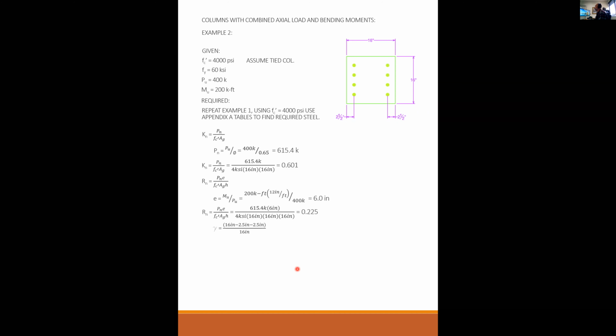So gamma is the ratio of the distance between the rebar to the distance of the whole face of the width. So the distance between the rebar is 16 minus 2.5 minus 2.5, divided by the whole width of the beam, which is 16. I get 0.69.